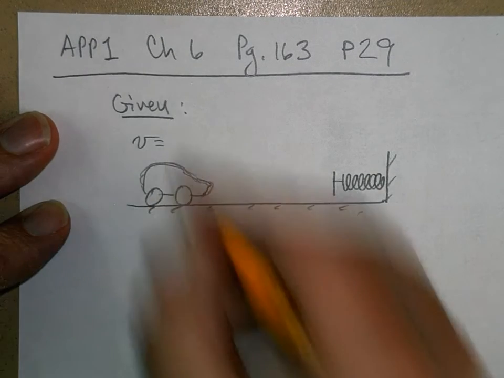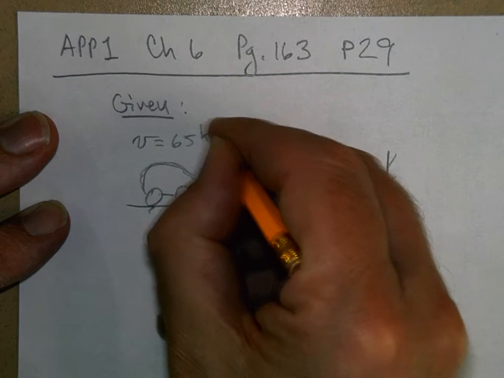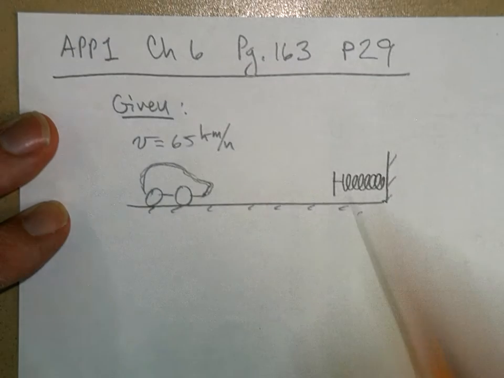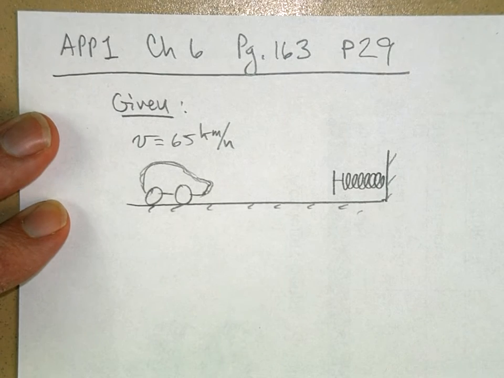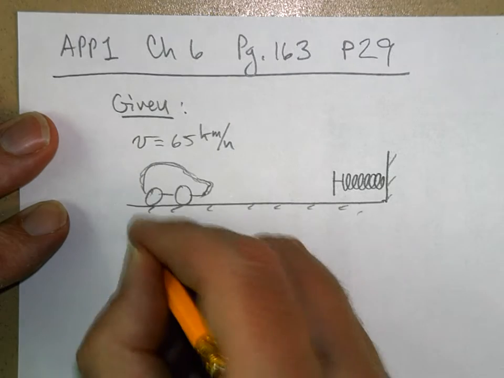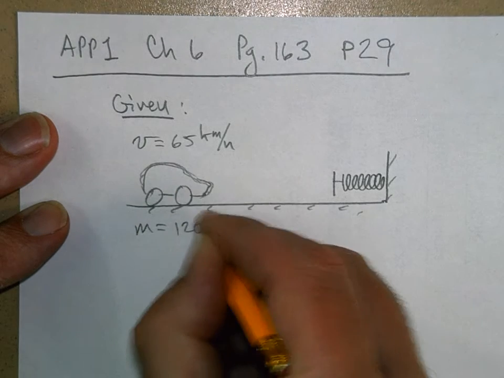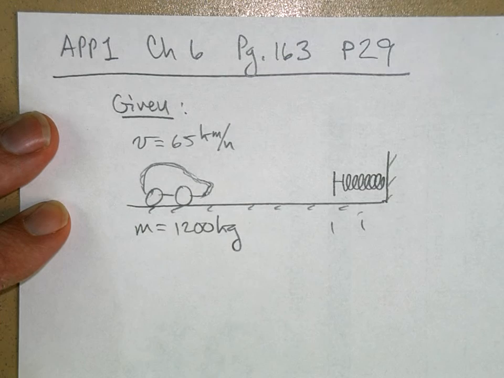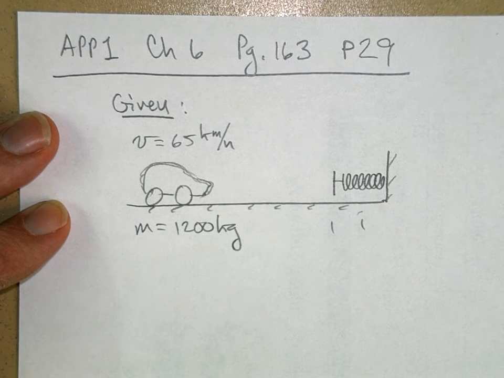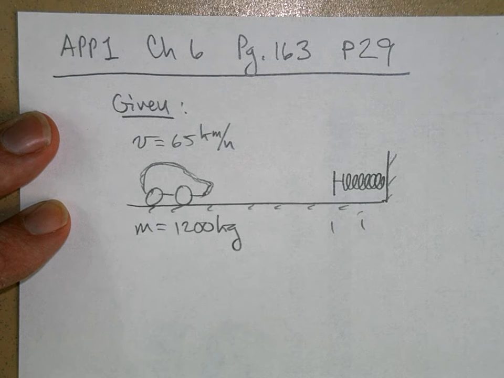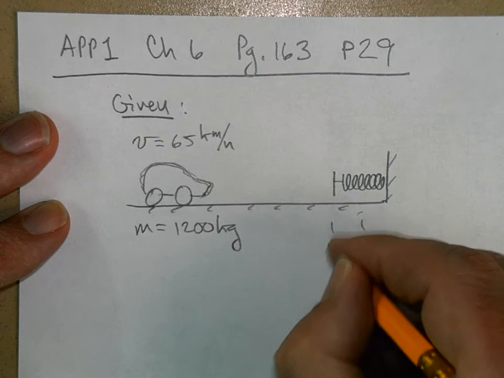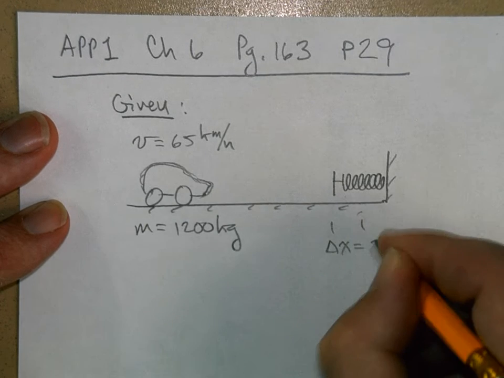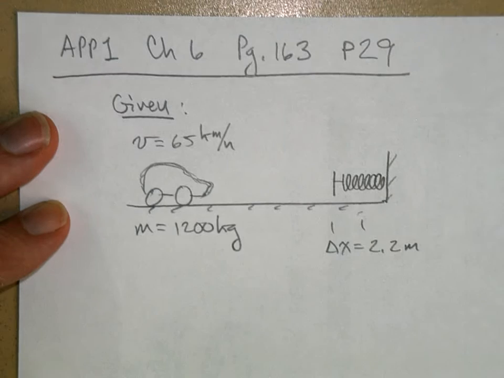Or 65 kilometers per hour. And it gives the mass of the car as 1,200 kilograms. And it squishes the spring in, a delta X, I'll call that 2.2 meters. Hopefully it's survivable.